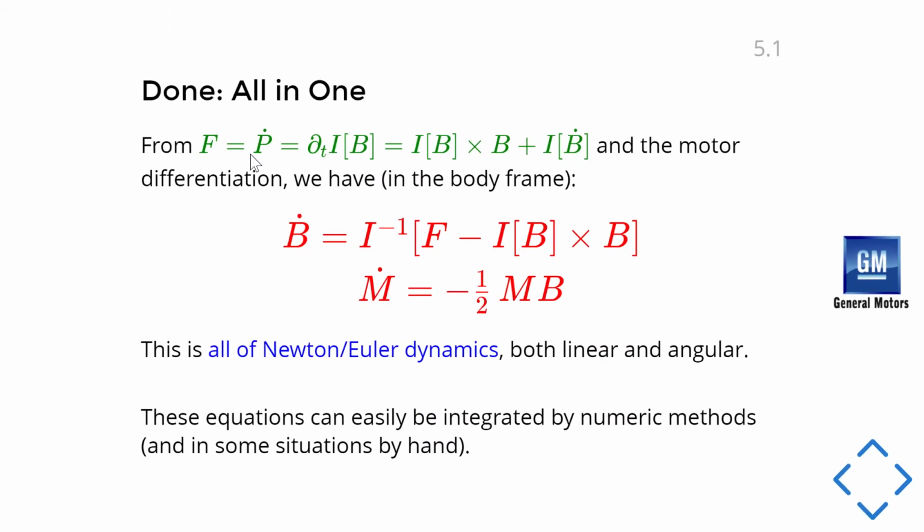We have the equation F equals P dot, which we just derived. What are we interested in? Well, we want a differential equation for how the velocities change. So we want to isolate B dot. That means I have to bring this to the other side and take the inverse of the inertia map on this.